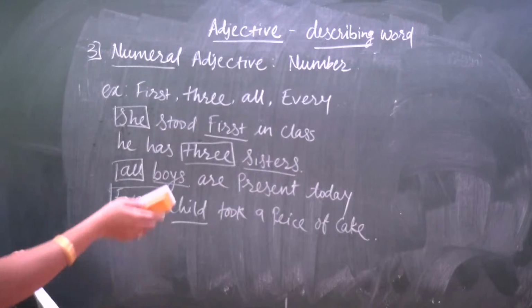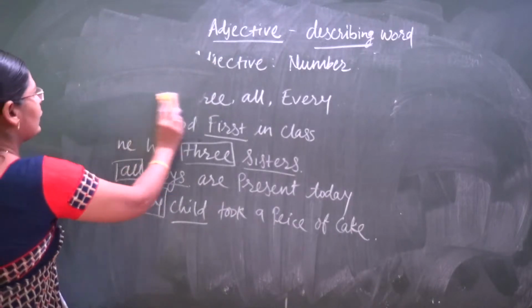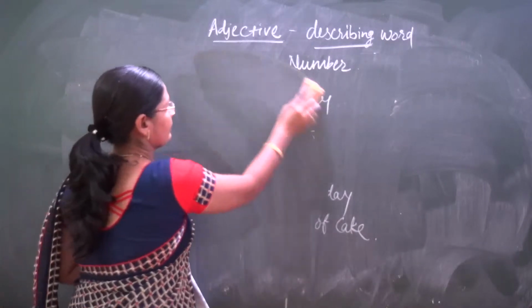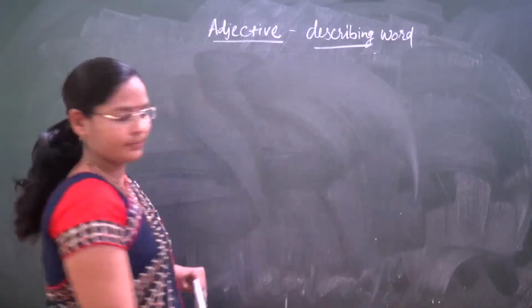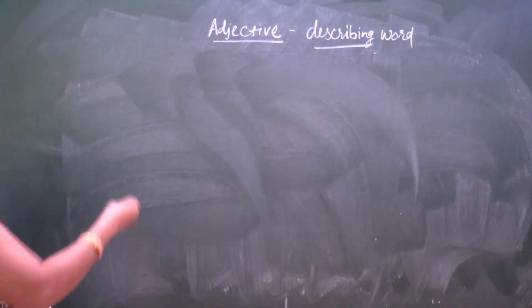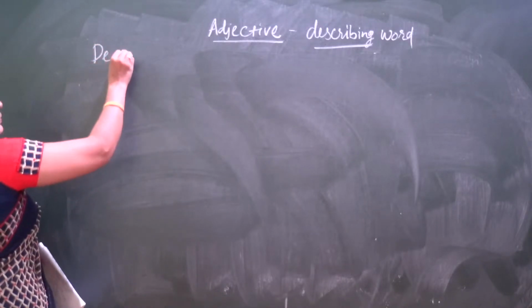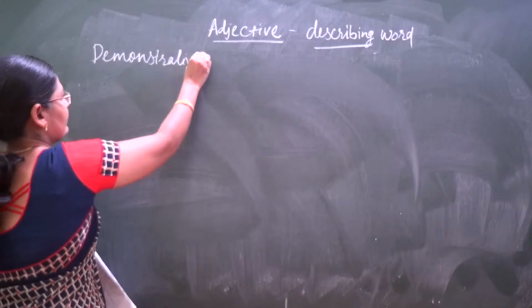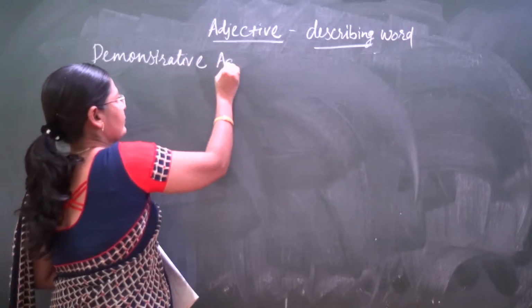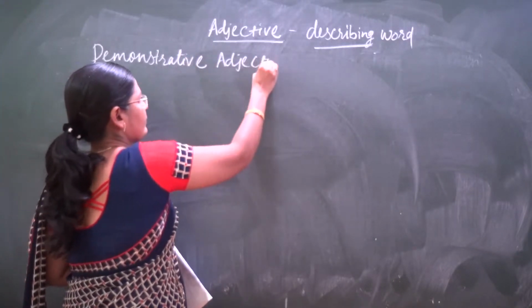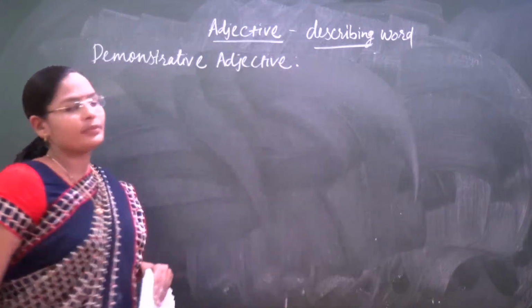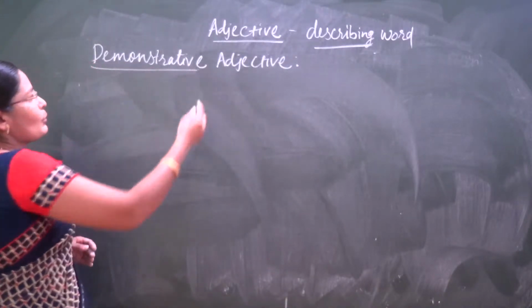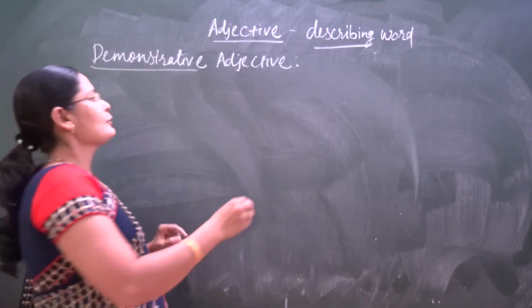Our fourth type of adjective is the demonstrative adjective. Demonstrative adjective means to demonstrate. Demonstrate means pointing out.